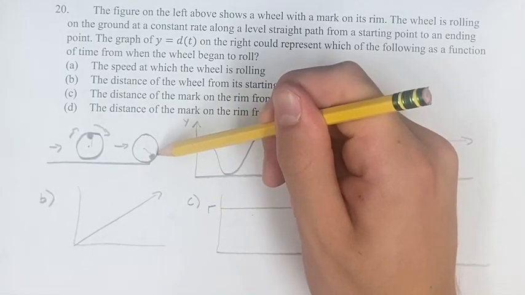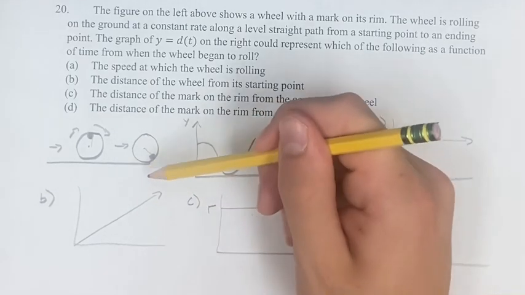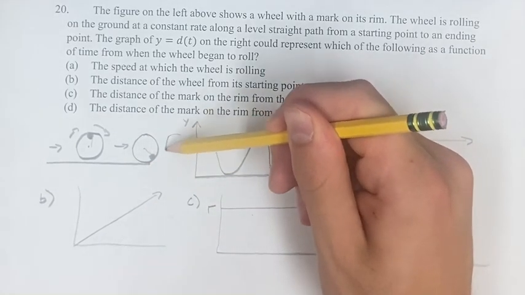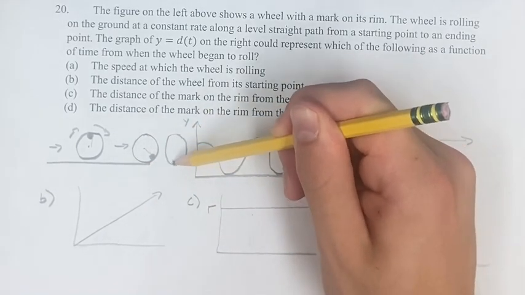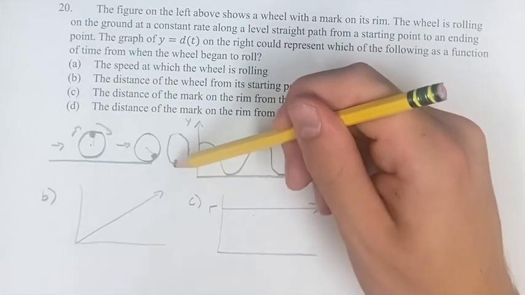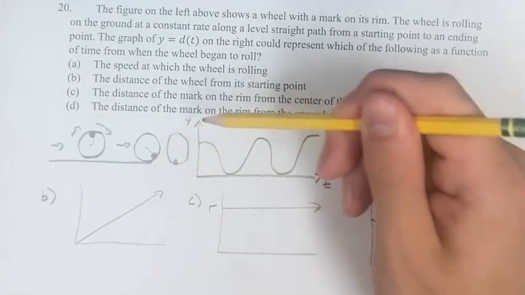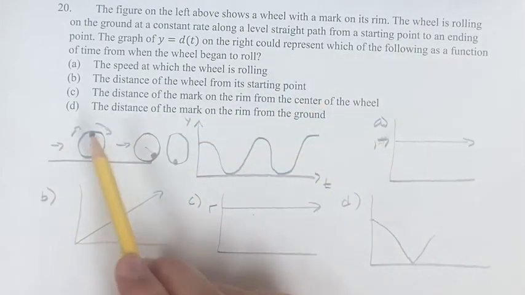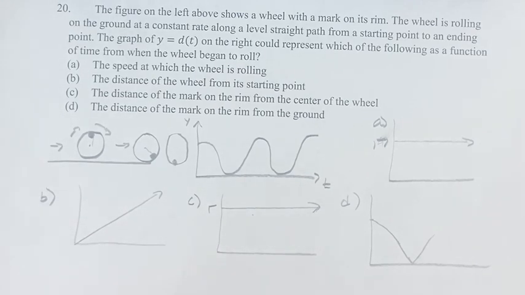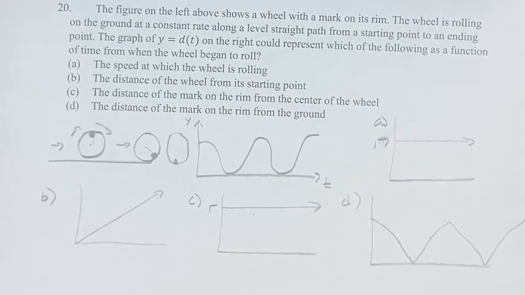And then there's a point, let's say it's right here, where it's exactly on the ground. And then after that, it starts to go back up and up and up until eventually it'll rotate all the way back to its starting point right there, where it's as far away from the ground as possible. It's at the very top of the wheel. So it'll get back up to the height that we knew it was at. And then it'll repeat up, down, up, down, up, down.